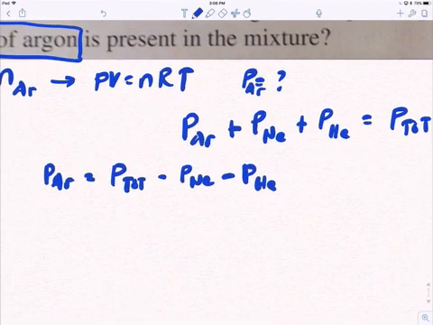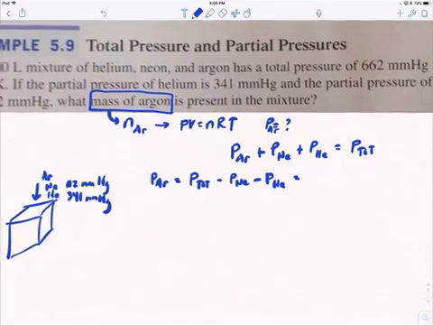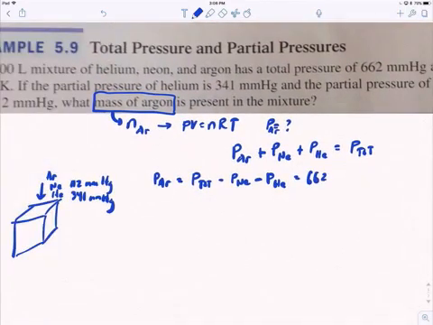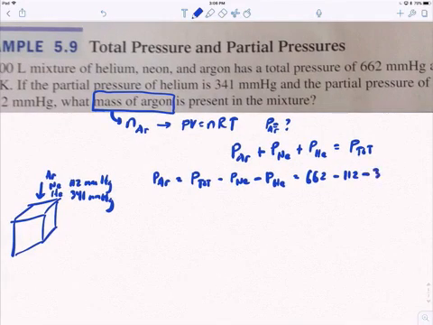The pressure of the three gases adds up to the total pressure. So if we want to solve for argon, we just take the total pressure minus the other two. And 662 minus 112 minus 341. And we get 209.